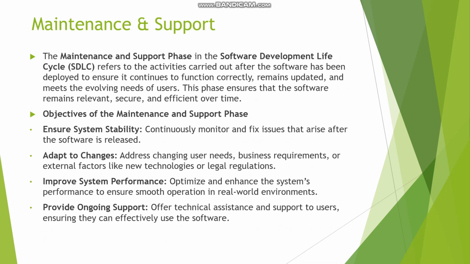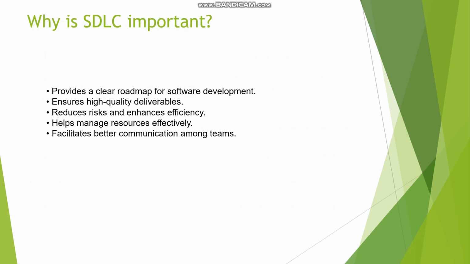So these are the different phases in software development life cycle. These are very important phases in the software development life cycle in the IT and software field. Why is SDLC important?